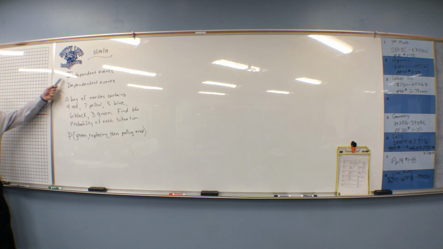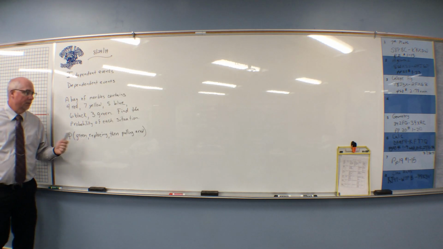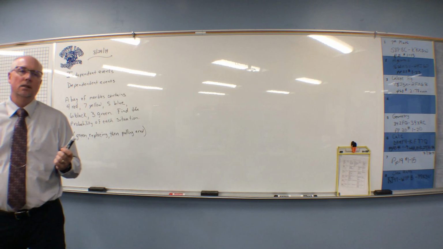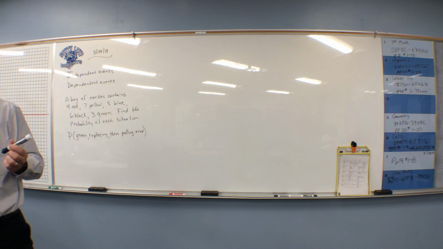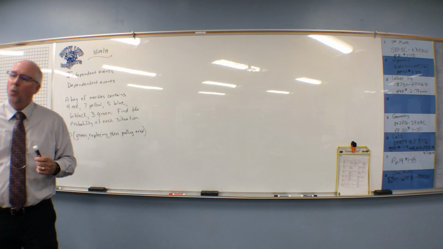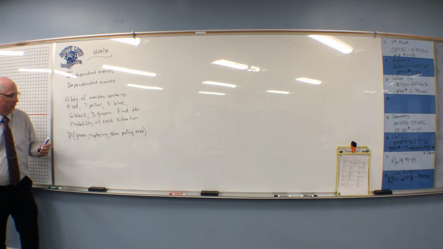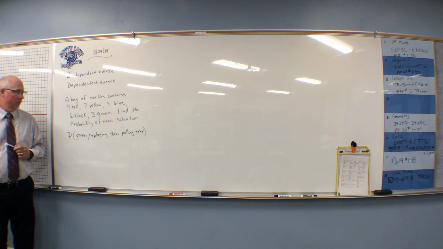Would this be an independent event or a dependent event? In other words, does the first selection have any influence on the second? It would be independent. What makes it so it doesn't have influence on it? You replaced it. We replaced it. All right.